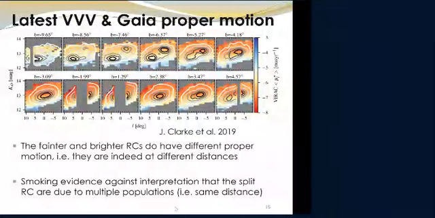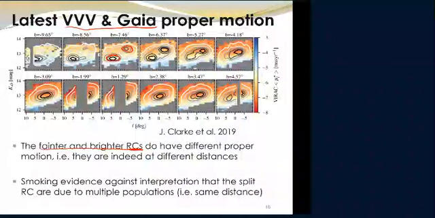and the recent VVV survey and Gaia proper motions also show that the fainter and brighter red clumps seem to have different proper motions. This is showing in these clumps, and they do have very different proper motions. Previously, some people have questioned using red clump as a good standard candle.